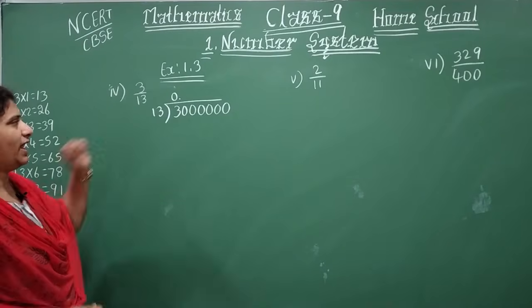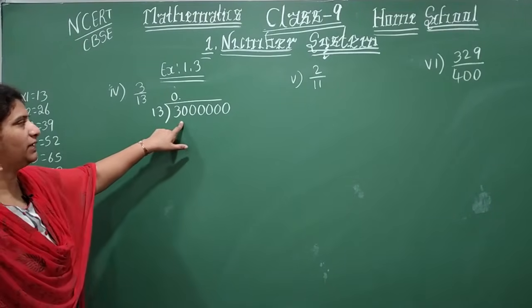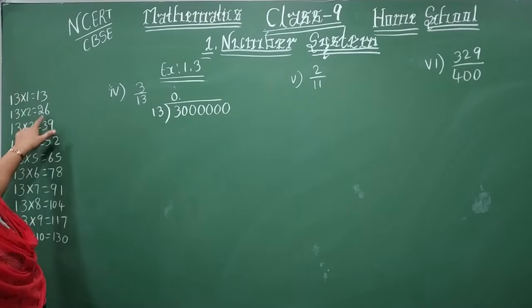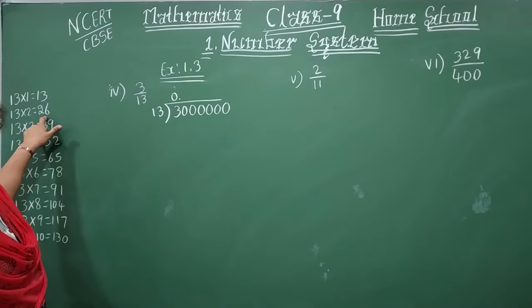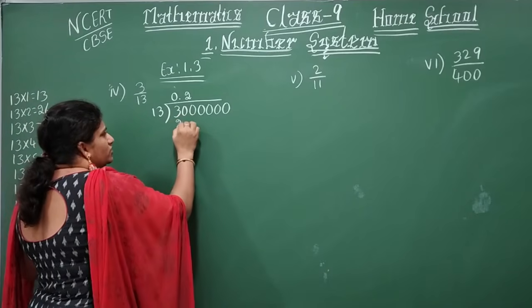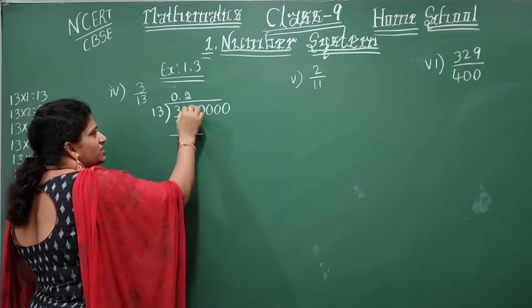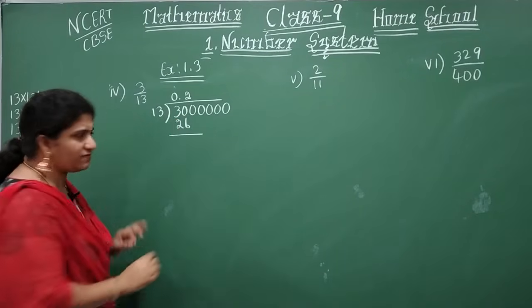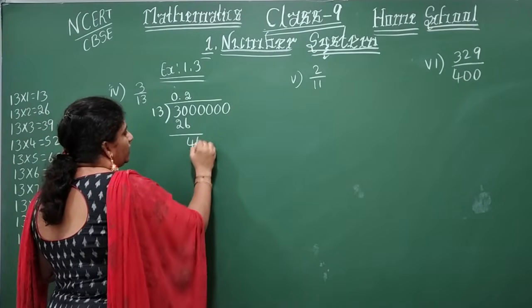Okay. So now, 13 table, do you get 30? Look over here. No, 13 twos are, it will be 26. So that will be how much here children? 30 minus 26 will be 4.